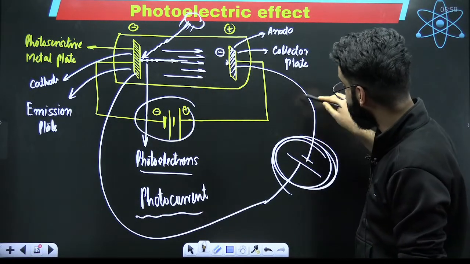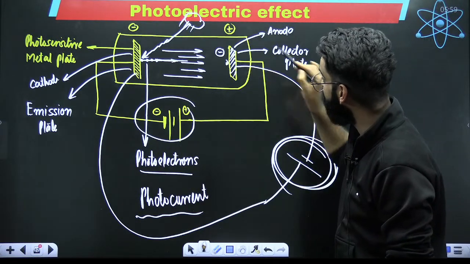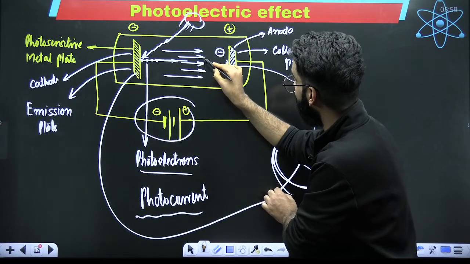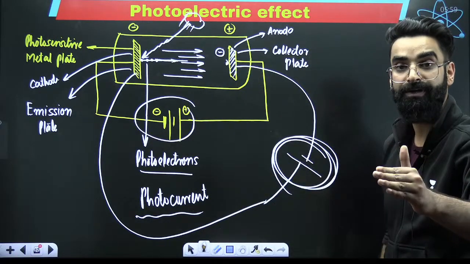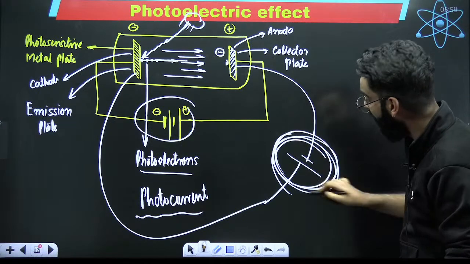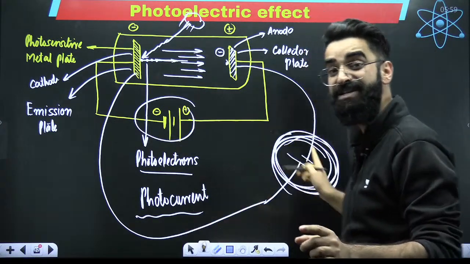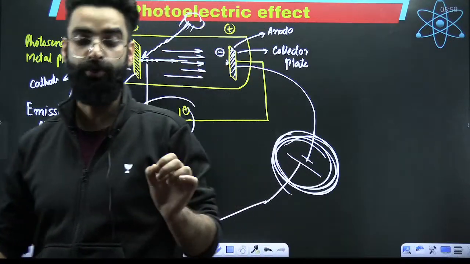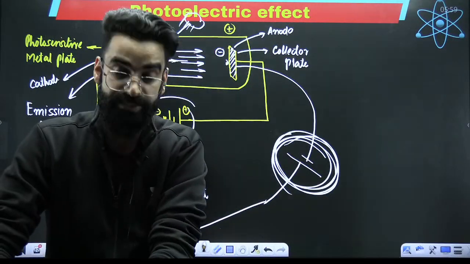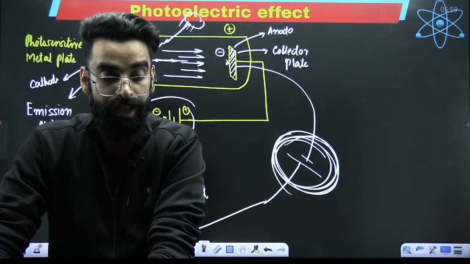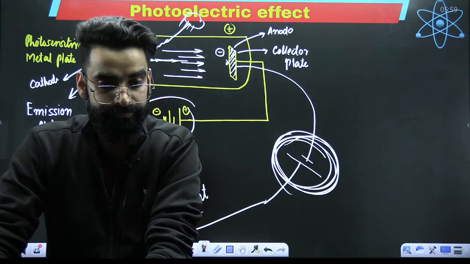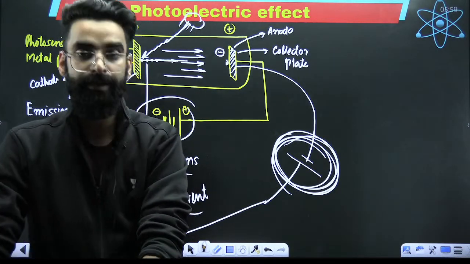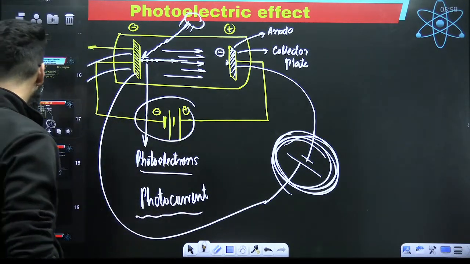On increasing the voltage of this battery, there will be one voltage at which the most energetic photoelectron will stop. That reverse voltage which we are giving, at which the most energetic photoelectron will stop, is something which you call a stopping potential. That's called a stopping potential.